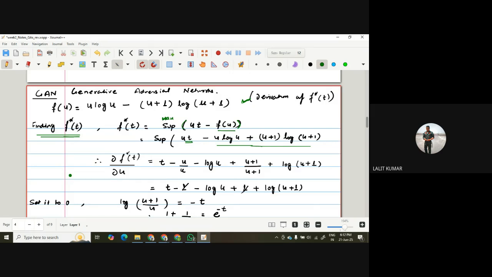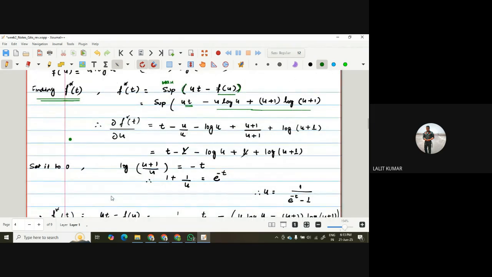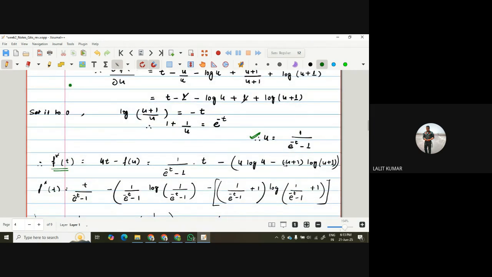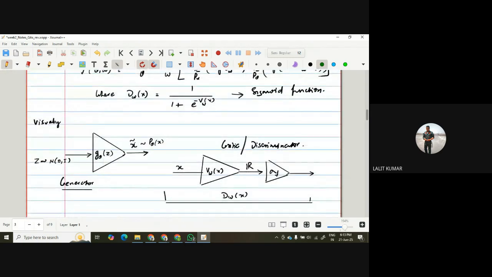Now you differentiate this F star of t with respect to u, and then we get a value in relation with u. So we get u equal to 1 over e to the minus t, minus 1. And then again, when you put this value of u in F star of t, that is the time when we get F star of t equal to minus log (1 minus e to the power minus t).